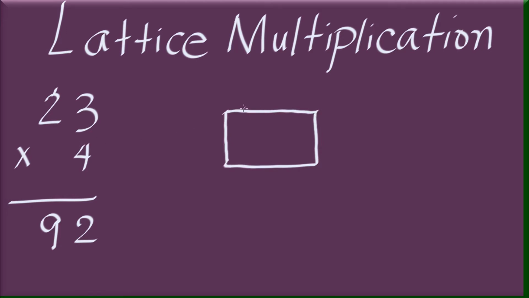We have this 2, 3 here. So on top, we write down the 2 and 3. And then on the side, we have this 4. Okay, two digits, 2, 3. So we have these two spaces for 23, and then on the side we have this 4.